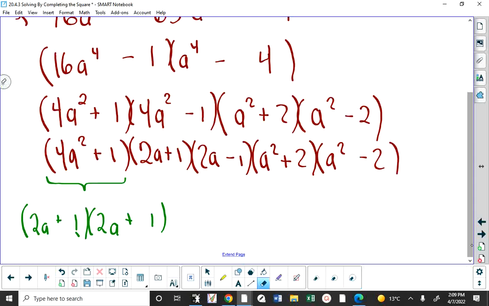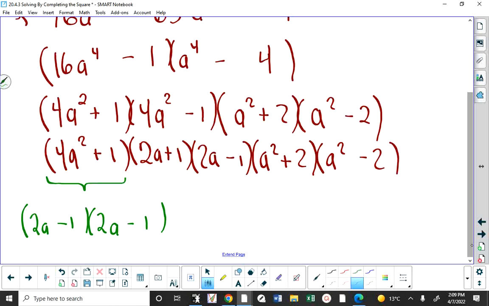Your third option is to do this. By the way, this is a possibility maybe because negative 1 times negative 1 would give you 1. But if I FOIL this out, I get negative 4a in the middle term.